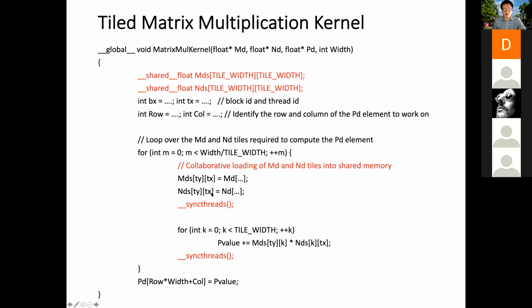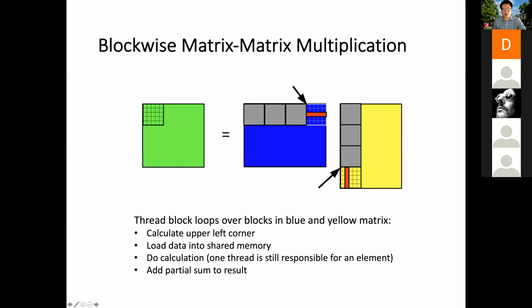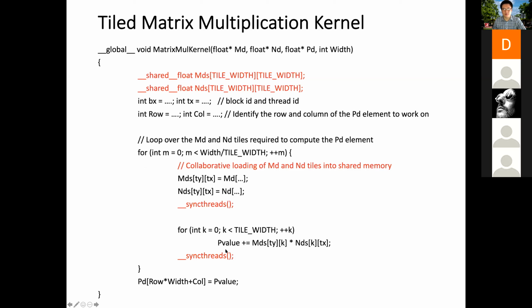But every time you finish the computation for all the threads, you just need to have a synchronization, right? And this is a step to accumulate all the results in one column and one row. Okay, this is a first version of how to utilize the shared memory.